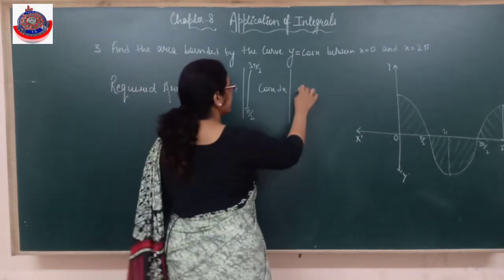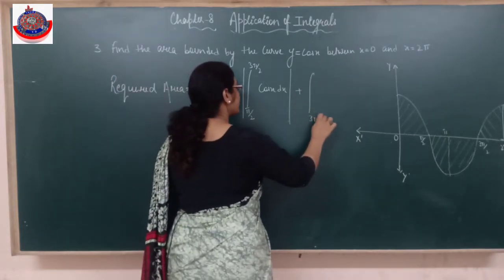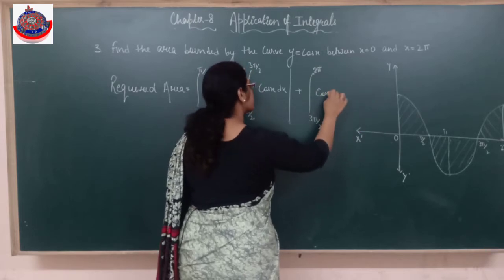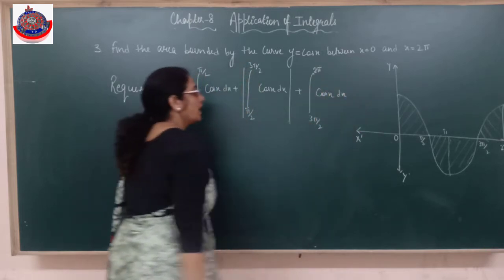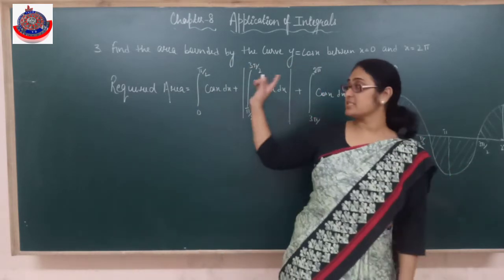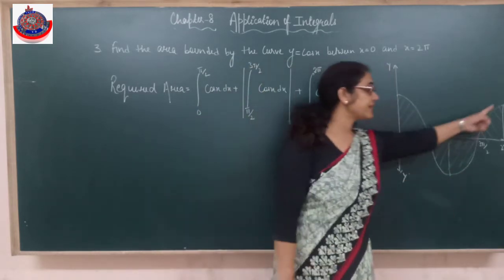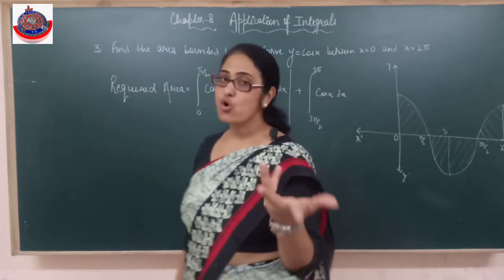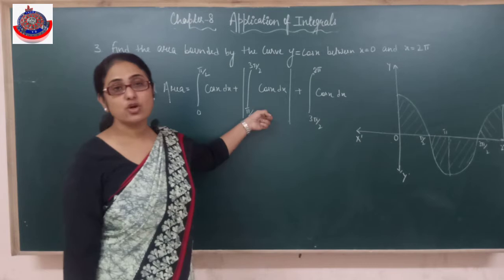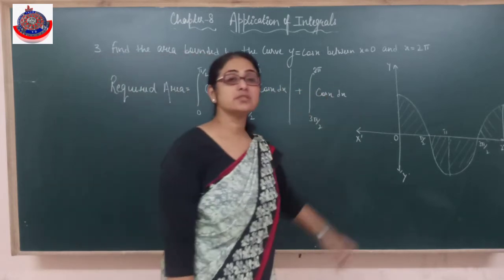And then 3 pi by 2 to 2 pi, it is coming above the x-axis, so it's going to be positive. Both ways it will work. Above x-axis positive, below x-axis negative, but it's an area, so I am putting a modulus. Quadrant wise also it is correct. In the first quadrant cos is positive, in the second and third cos is negative, in the fourth quadrant cos is positive.